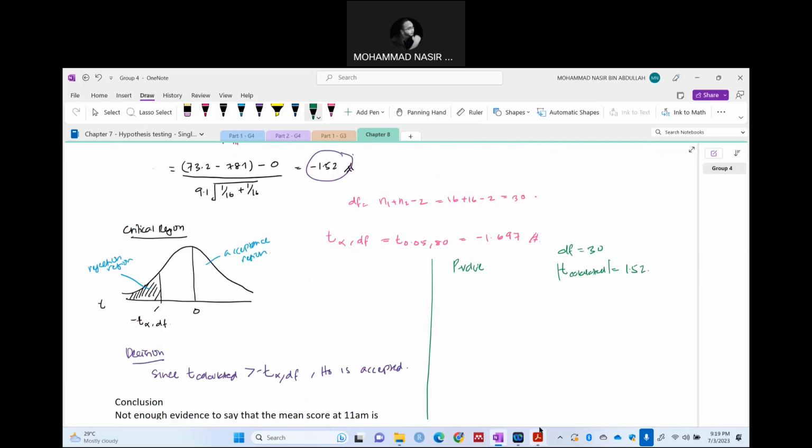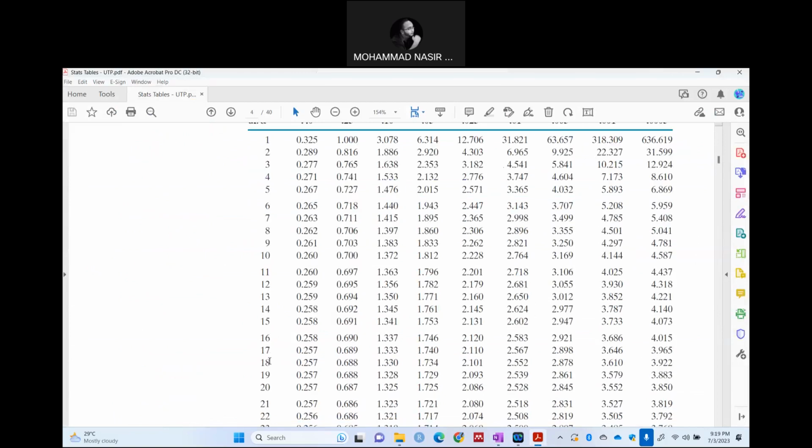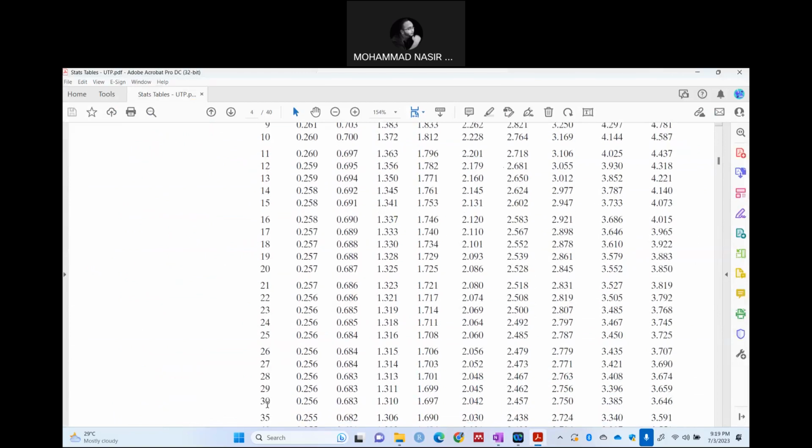So this is a less than issue. Look at the T distribution with degree of freedom equal to 30. Degree of freedom equal to 30. 1.697.